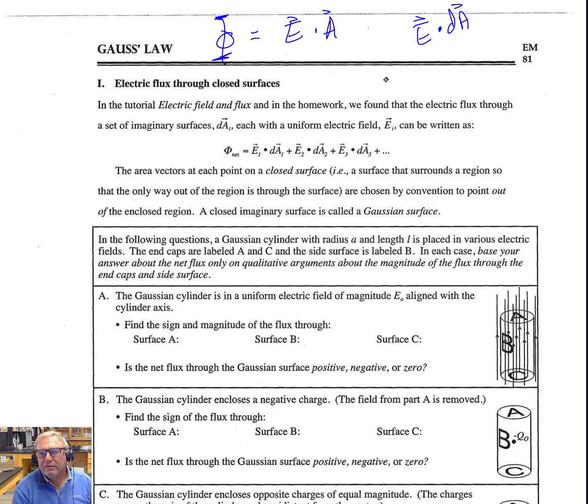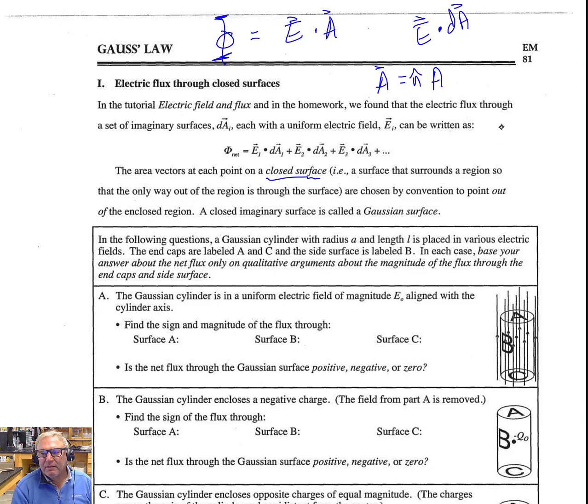We want to use this pseudo vector, the A vector, and so it presumes a flat surface, or at least an almost flat surface, so it's easy to calculate the area. And now we're talking about closed surfaces.